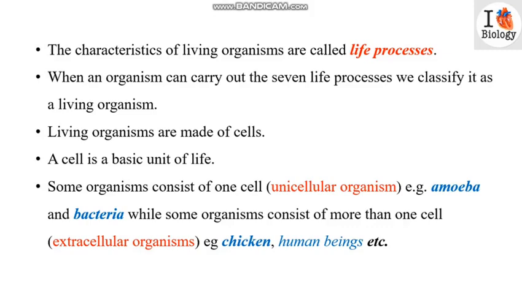Examples of multicellular organisms are chickens, where the cells work together to carry out all the life processes. Another example is a human being. So this is what unicellular and multicellular organisms are.